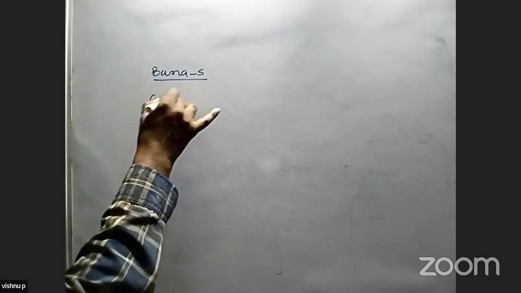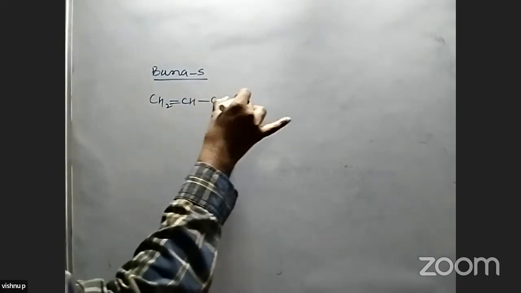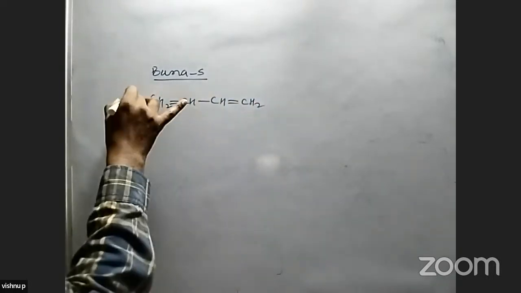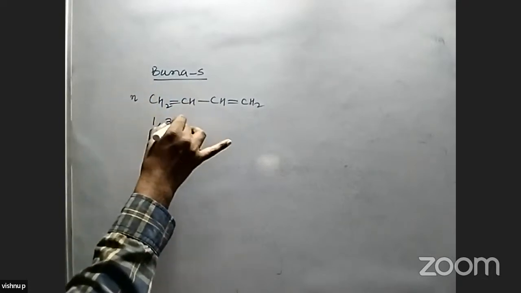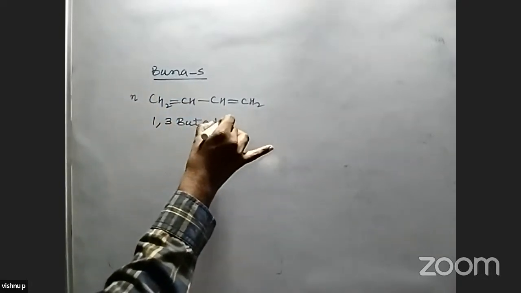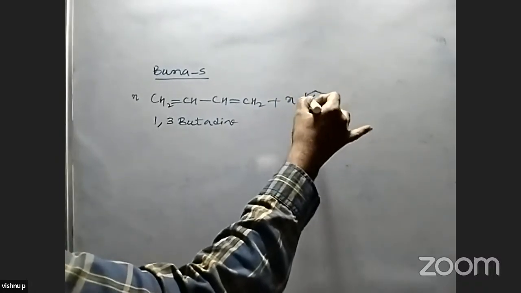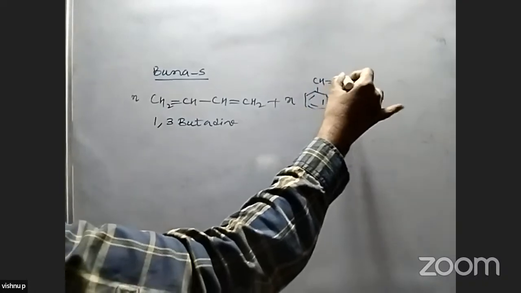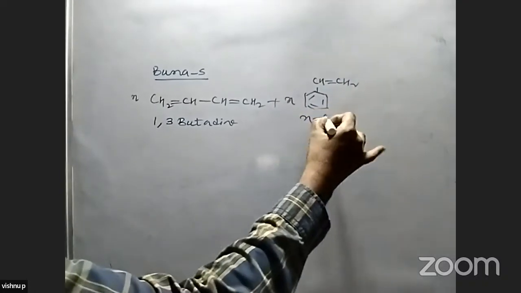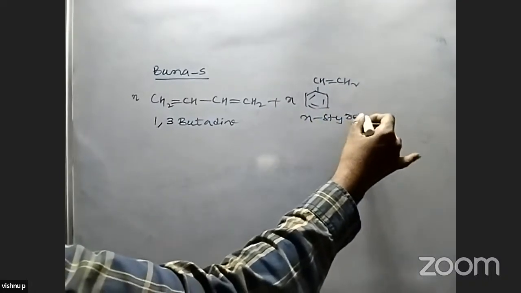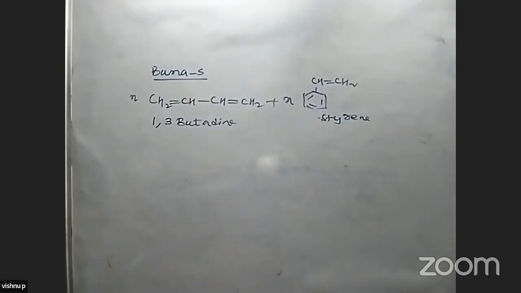After that, the next one is called Buna S rubber. What is this Buna S rubber? It contains 1,3-butadiene. This monomer unit, 1,3-butadiene, plus n number of styrene molecules are used in this reaction.